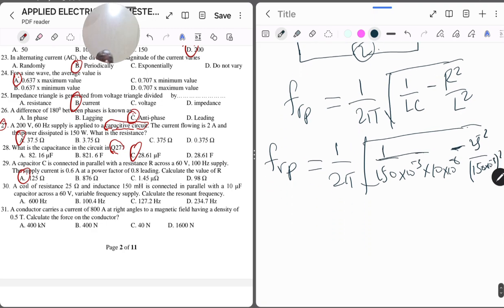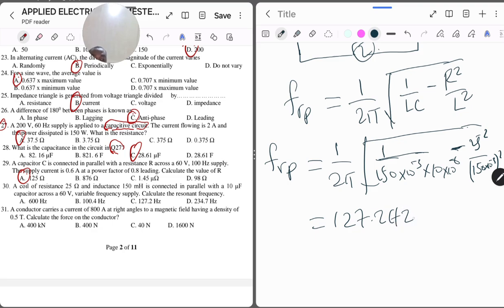You just put everything in your calculator, and then you get the final answer, 127.2 hertz.